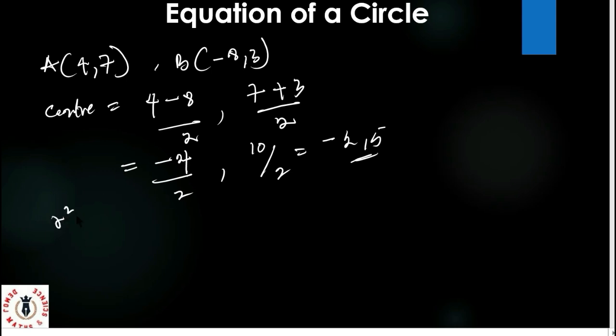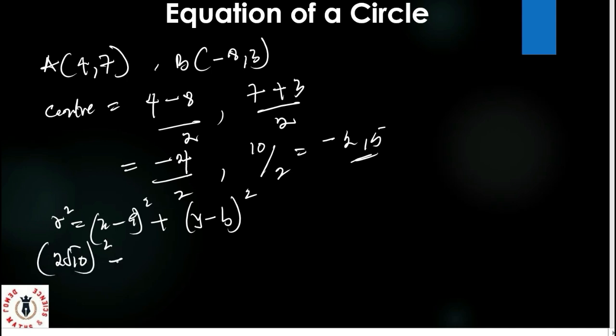Remember, my equation says r squared is equals to x minus a all squared plus y minus b all squared. So that my r now, my r is 2 root 10 all squared will be equals to x minus a. My a in this case is minus 2.